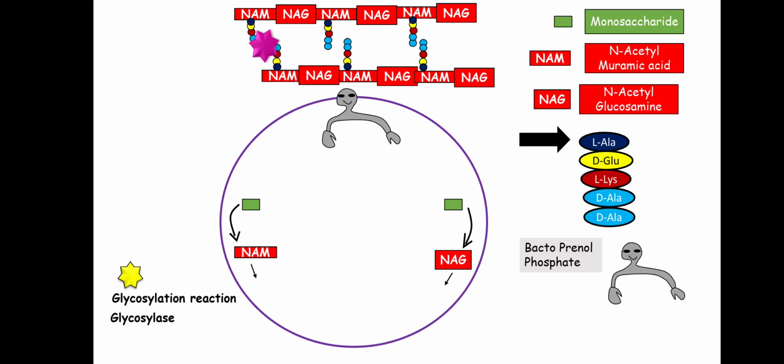On the left side you can see this peptide chain consisting of 5 amino acids. The fifth amino acid, that is D-alanine, is removed, and after removal the two chains will get ligated.